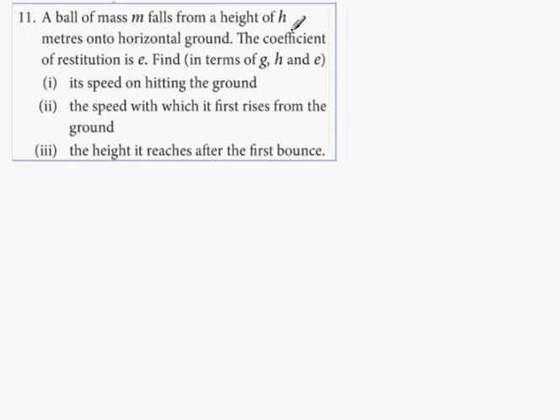A ball of mass m falls from a height h meters onto horizontal ground. The coefficient of restitution is e. Find in terms of g, h and e its speed on hitting the ground. So, falls. Keyword falls: u is 0, a is g, s is h.